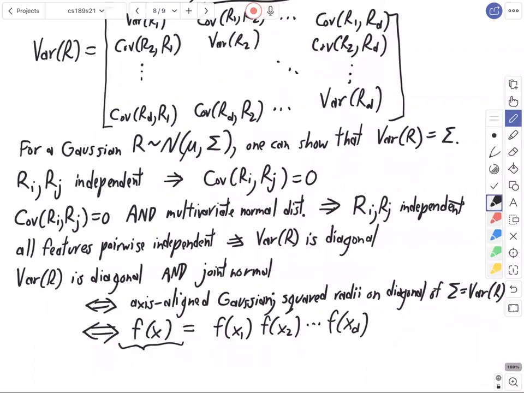So again, on the left, we have the multivariate PDF for a vector x. And on the right, we have univariate Gaussians for each entry in x, where x is a sample point taken from this distribution R.